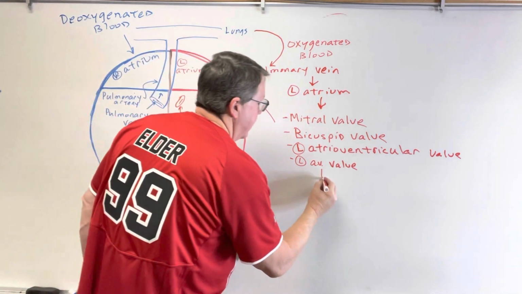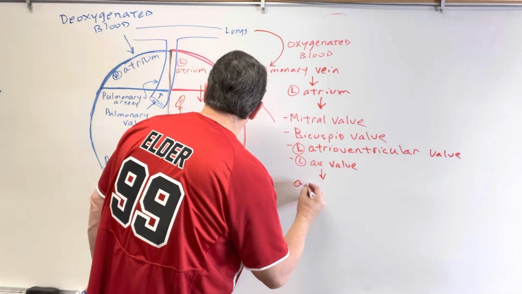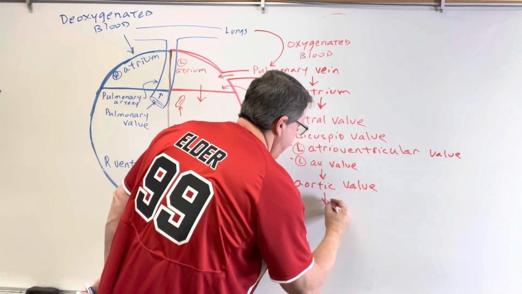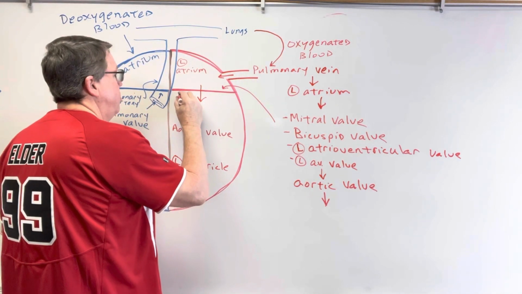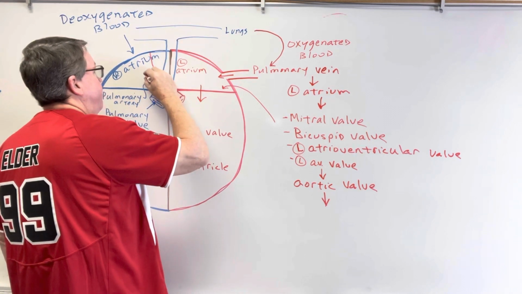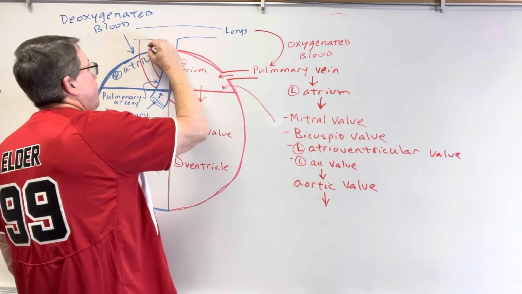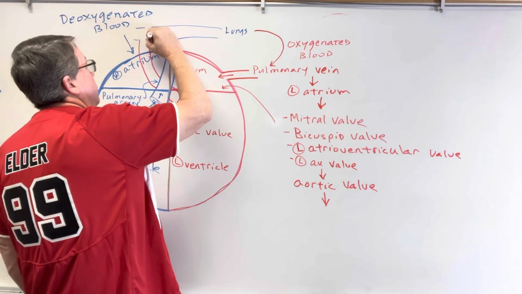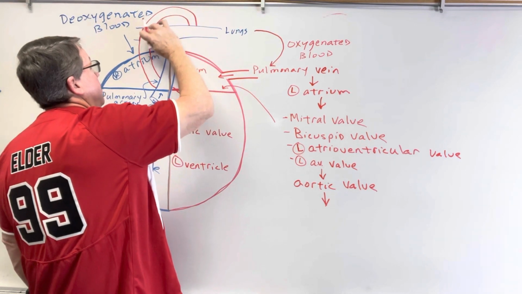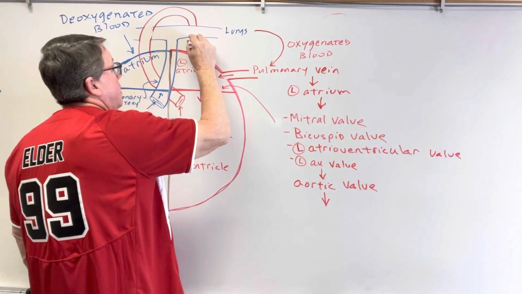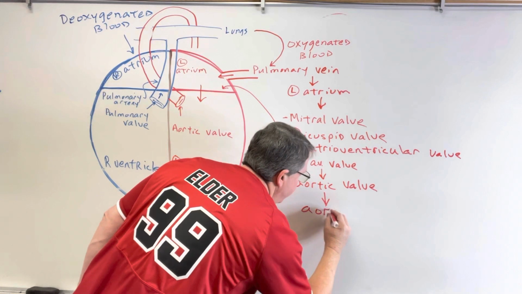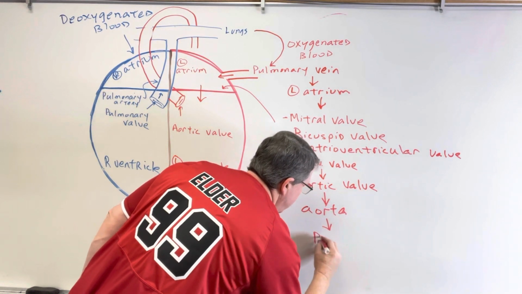The blood goes through the aortic valve, then into the aorta, and the aorta is going to arch around these pulmonary arteries and go out to the body.